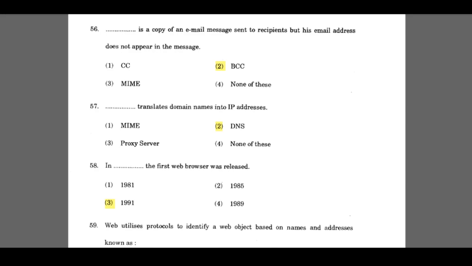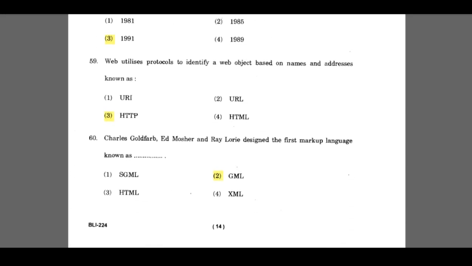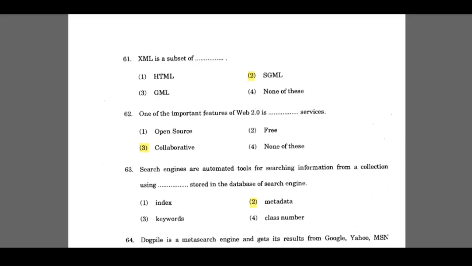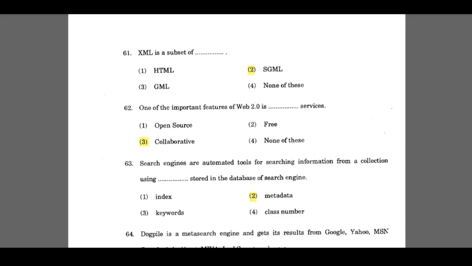Web utilizes protocols to identify a web object based on names and addresses known as HTTP. 60. Charles Goldfarb, Ed Mosher and Ray Lowry designed the first markup language known as GML. 61. XML is a subset of SGML.